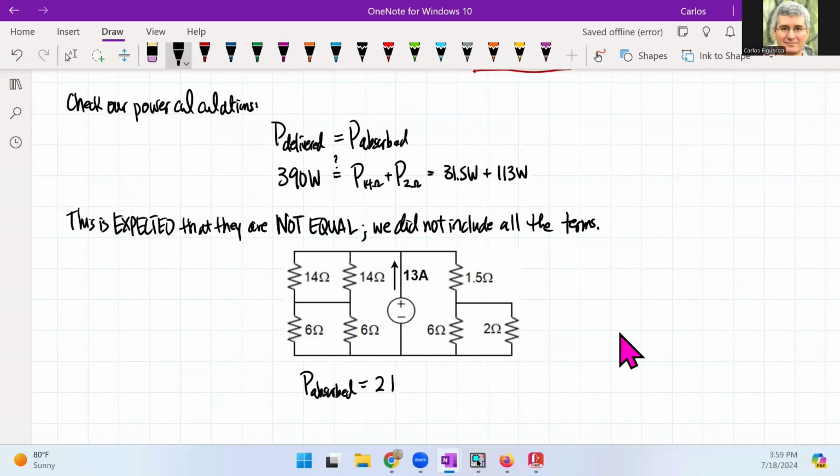There are 2 powers of the 14 ohm, 2 powers of the 6 ohm, the power of the 1.5 ohm, and of course the power of the 6 ohm, and then there's the power of the 2 ohm. If we were to sum all of these, then we would get 390 watts. But that's not what we did.